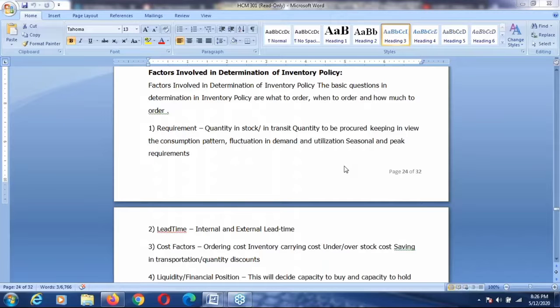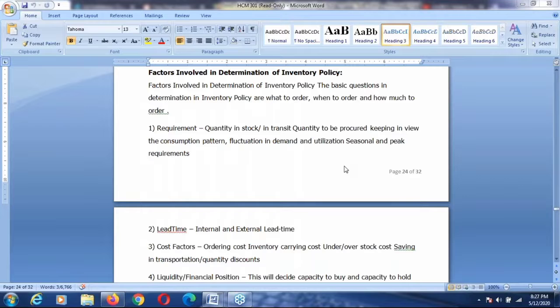When you are talking about inventory, there are 3 basic questions that will come to your mind: what to order, when to order, and how much to order. Everyone involved in inventory control must have these 3 points in mind.